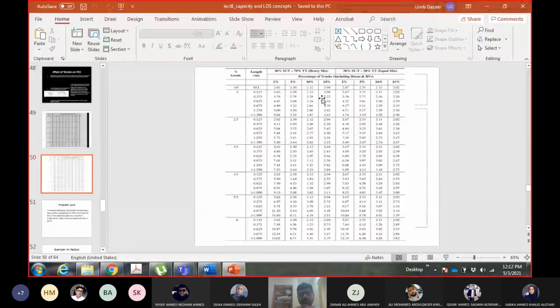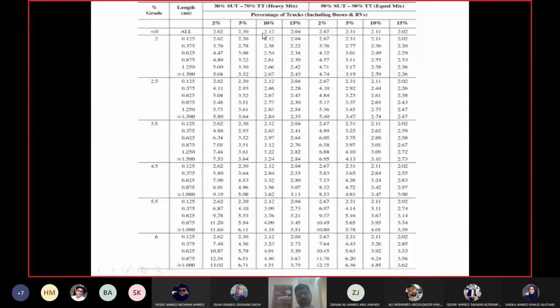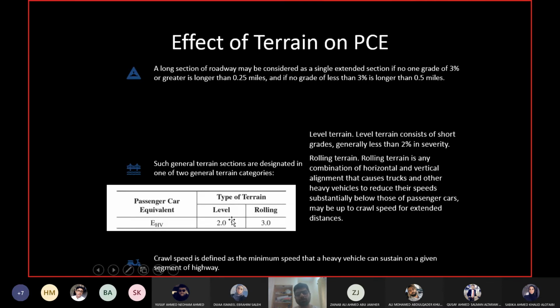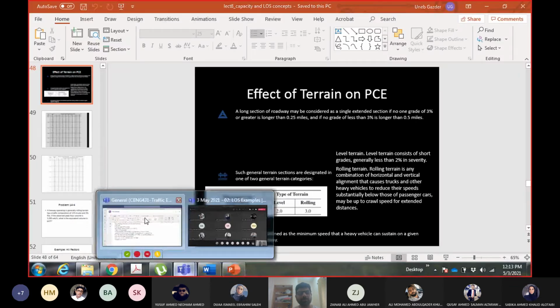I'm going to use this table, the heavy mix and the equal mix table, and they have given me heavy mix, so I'm looking at this side. 15% trucks means this column. Sorry, I'm doing it for the level terrain first. So for the level terrain, the equivalence factor is 2.